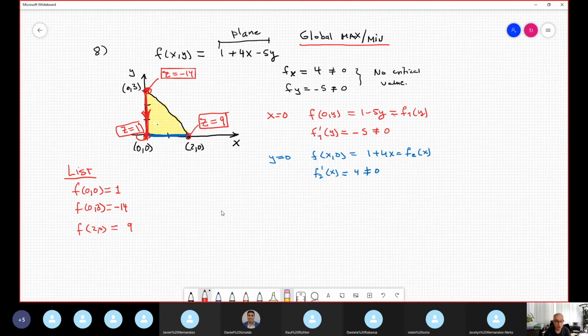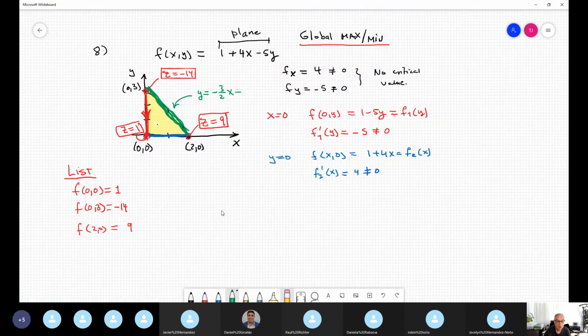Well, I am finally walking in that direction. I investigate that the equation for this line is y equals minus 3 over 2 x plus 3.